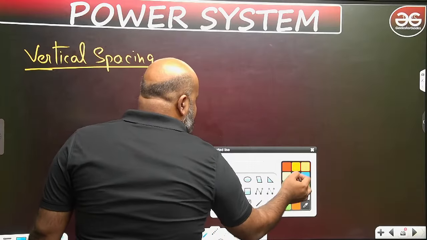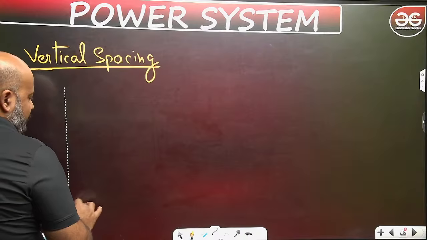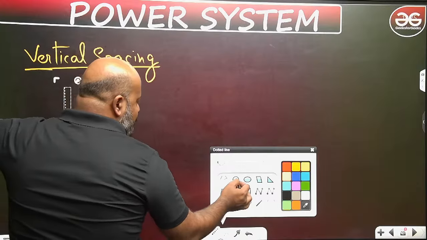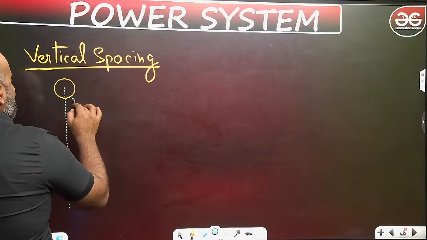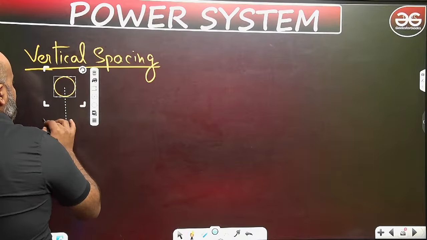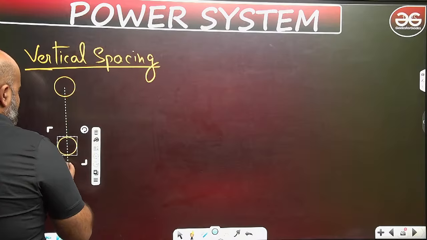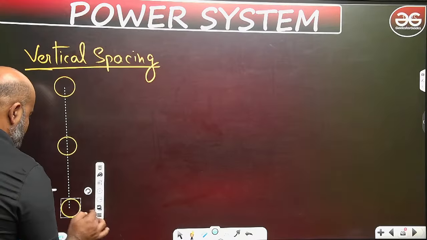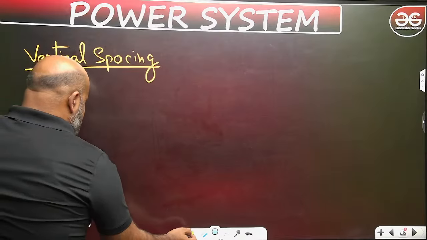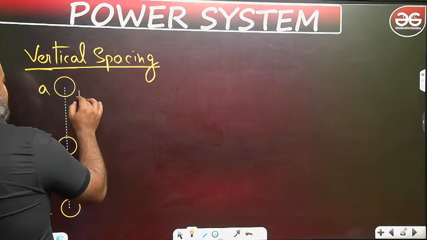So generally we are using the vertical spacing when we talk about the transmission line. Okay. So this is A phase, this is B phase, this is C phase.